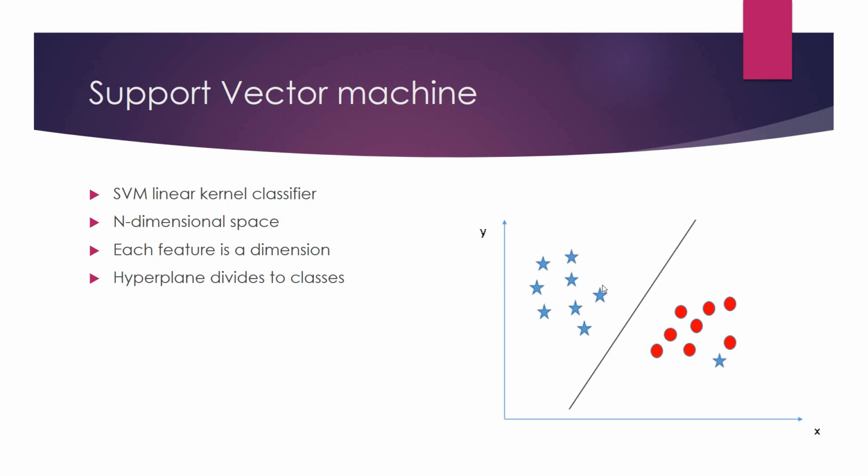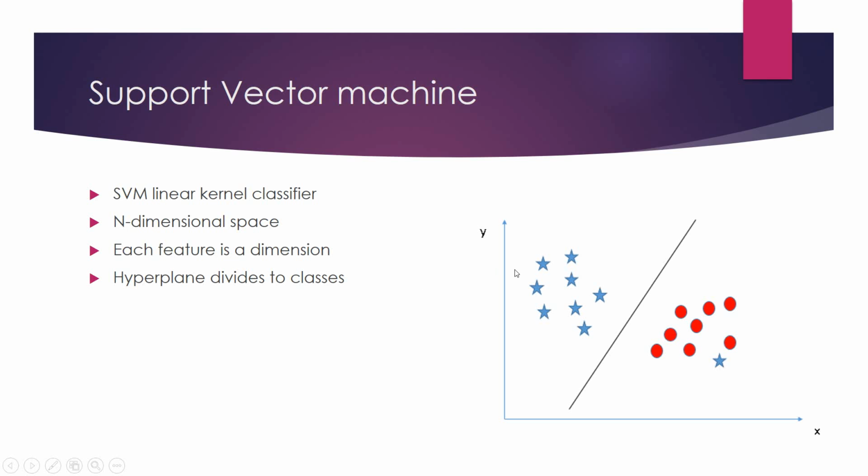So it plots the data points in 2D space and divides the data points into two classes based on a hyperplane. In the two-dimensional space, it is a line. You can see that a star is present on the other side of the line, which is an outlier.